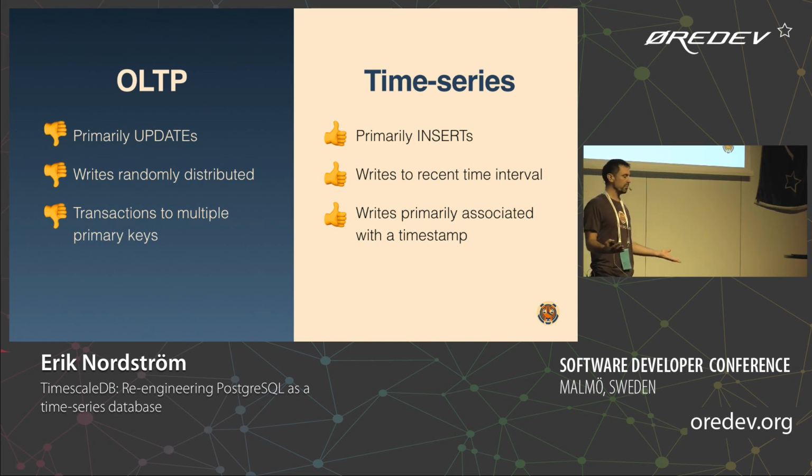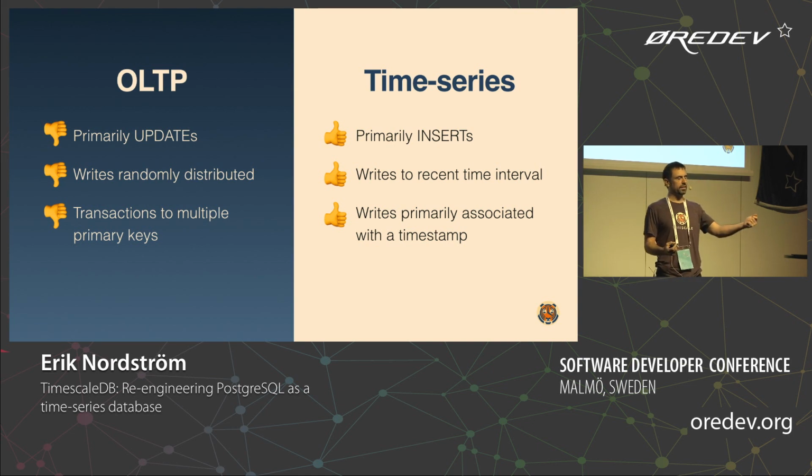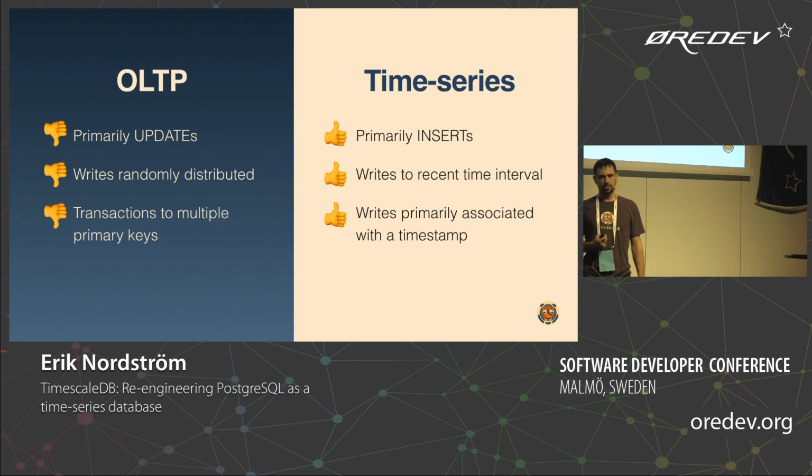The canonical example here is a bank transaction: you go into one part of your data set, you withdraw some amount from some bank account, you take that amount and you add it to another bank account. So that involves 2 primary keys. In time series workloads, however, it's primarily inserts, not updates, and you write to recent time intervals, so it's associated with some kind of timestamp.